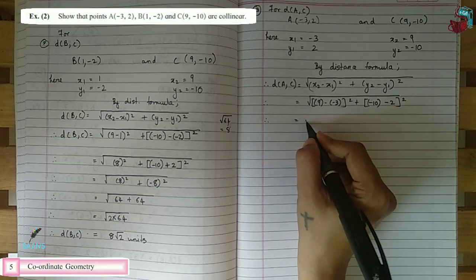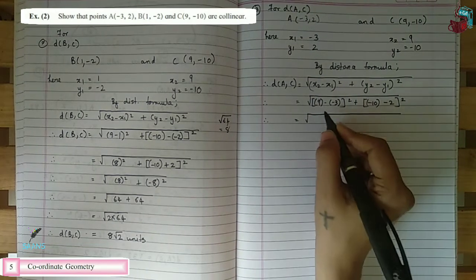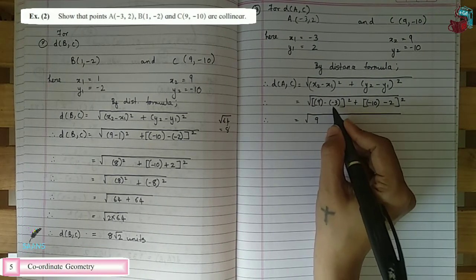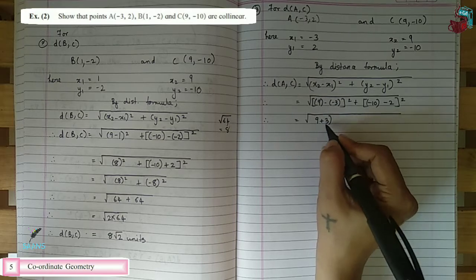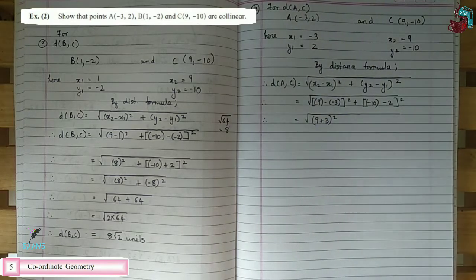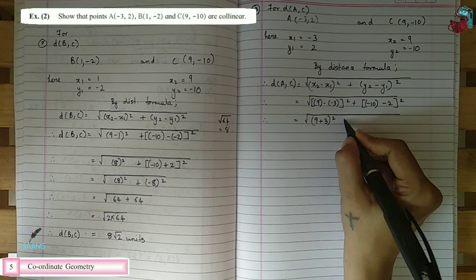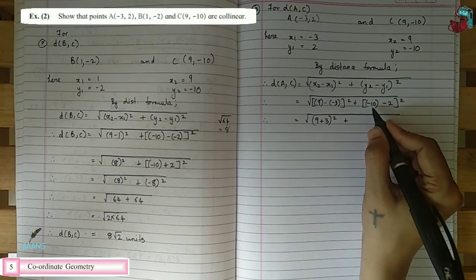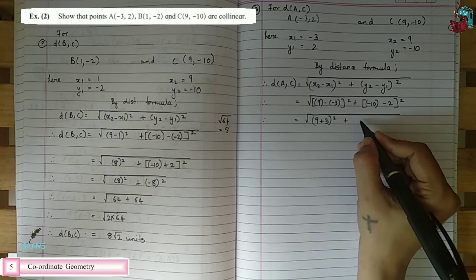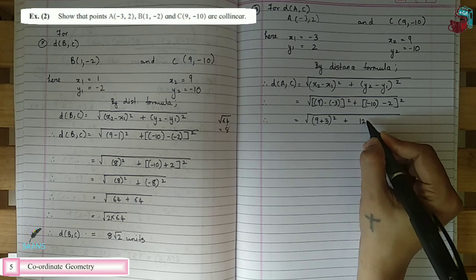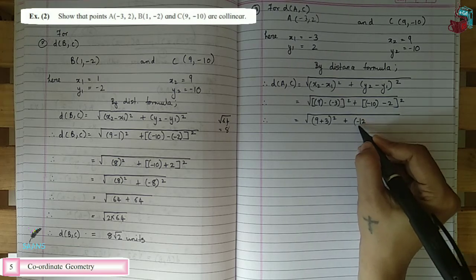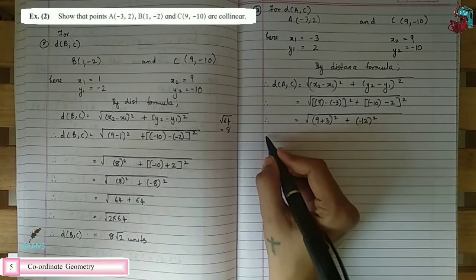Therefore that is equal to 9 minus minus plus 3 the whole square plus, now minus minus we add, and sign of the greater number, the whole square.